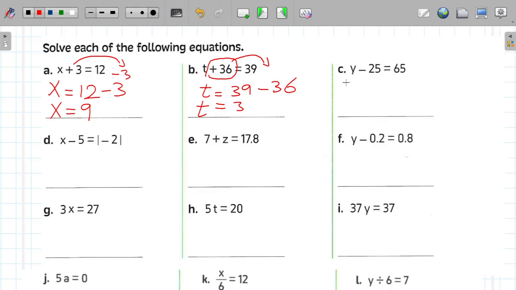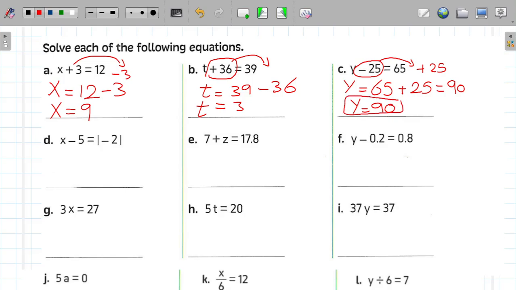Next, I have y minus 25 equals 65. So I will send negative or minus 25 to the other side, so it will be plus 25. Okay, so y equals 65 plus 25, so it will be 90. So the value of y equals 90.